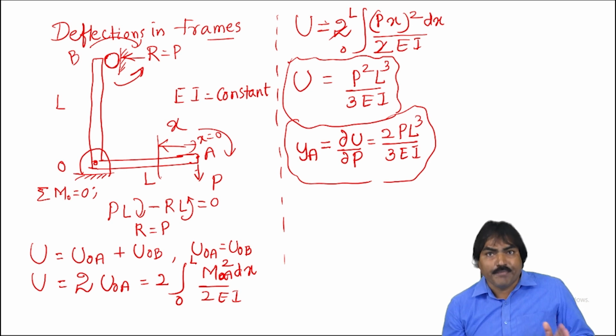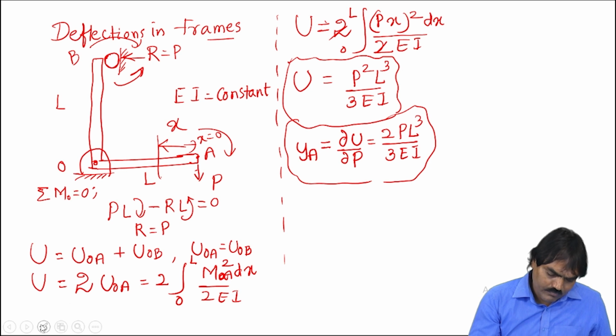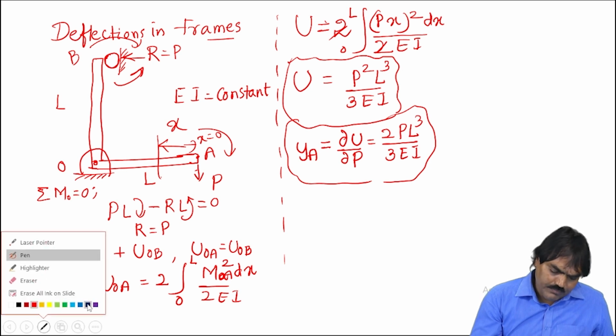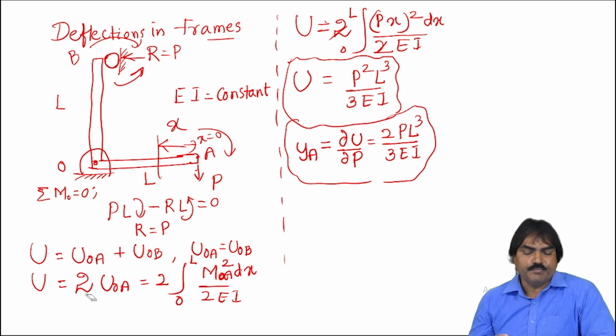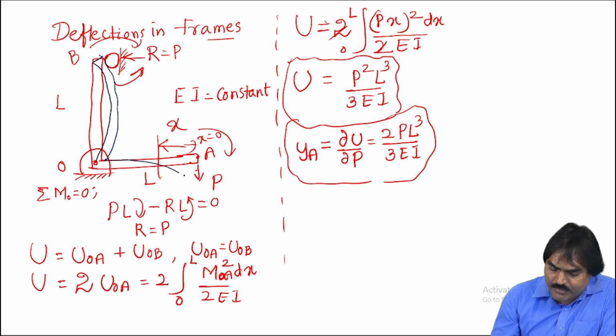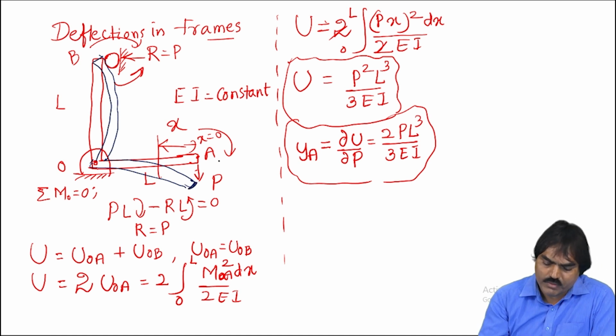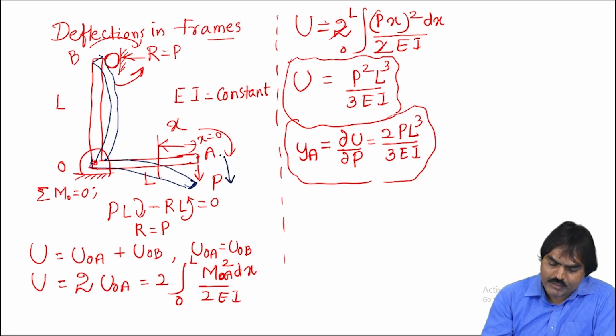If you see how the frame undergoes bending, there is an elastic curve. I will show the elastic curve. See here, this end is not moving, so this will try to bend like this. Then from here, it will bend like this, so that this is the deflection at this point, YA.